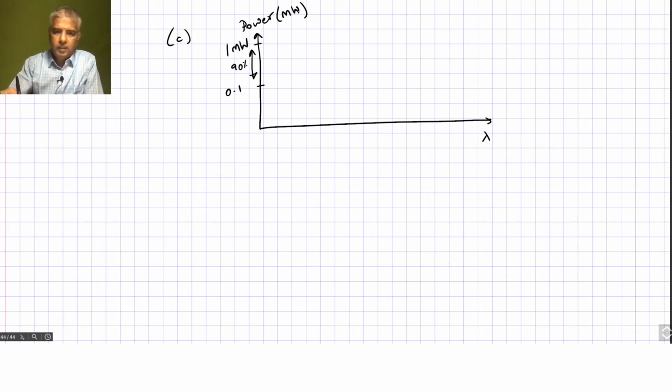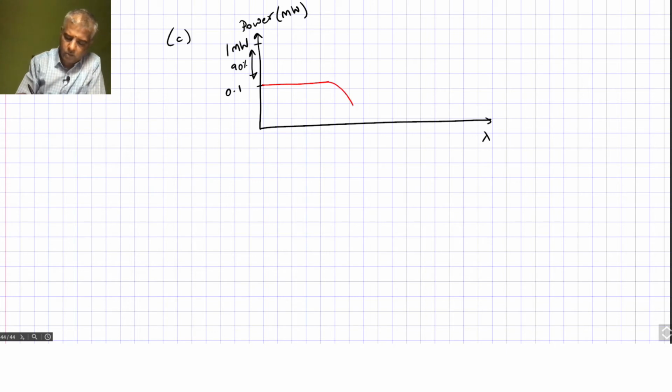And within that, what we've been told, that is actually the power level that we have at the non-resonant wavelength. At the non-resonant wavelength, we have negligible absorption. So we can say that at the non-resonant wavelength, the output is going to correspond to 0.1 milliwatt. And so that is actually the background.